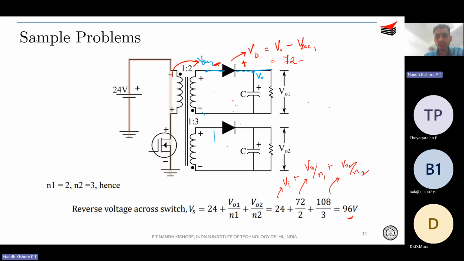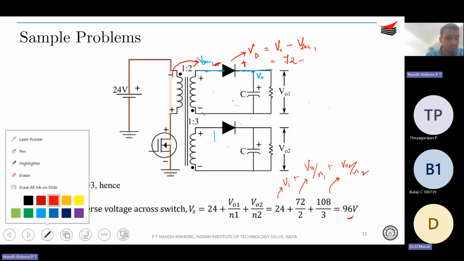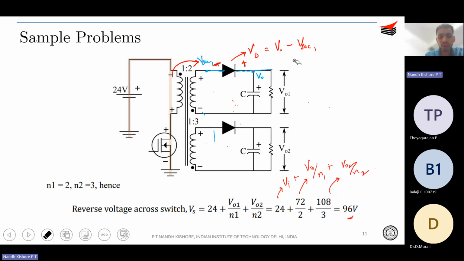Okay, so you know that V01 is actually how much? 72 volts. But before I go to the specifics, what is V secondary 1? V secondary is actually the reflected voltage from the primary onto the secondary side. So V0 minus V secondary 1 will be what? N1 into Vp, or V0 minus N1 into V in, right?